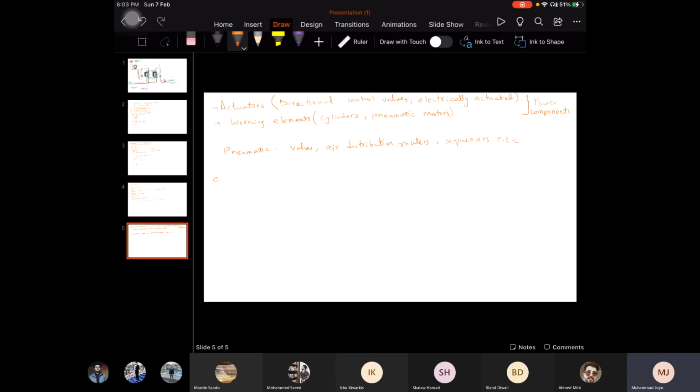obviously for the electro-pneumatic, the valves are there, but these valves are controlled using electrical devices like push buttons, switches, and some proximity switches.